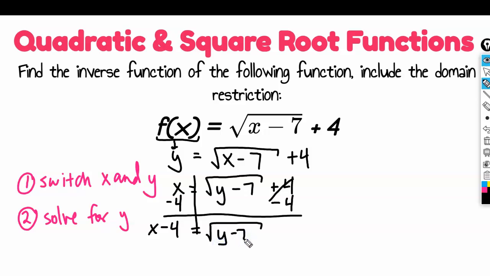Then before I even deal with that minus 7, outside of the minus 7, we see a square root. And the opposite of a square root is square. So I square both sides. And so that's got me with x minus 4 squared equaling y minus 7.